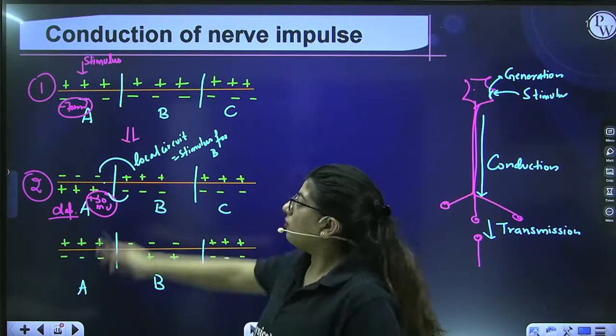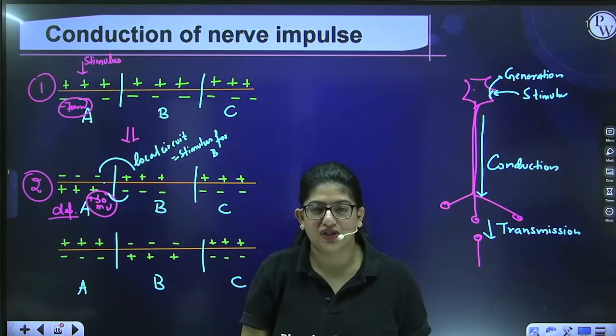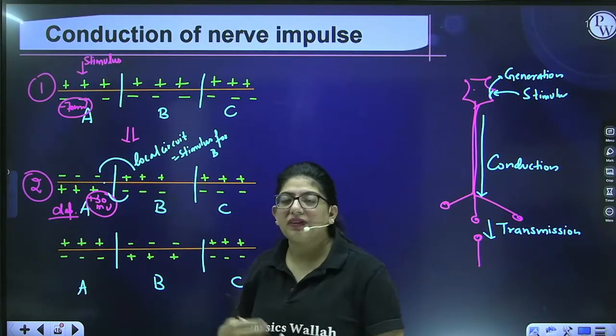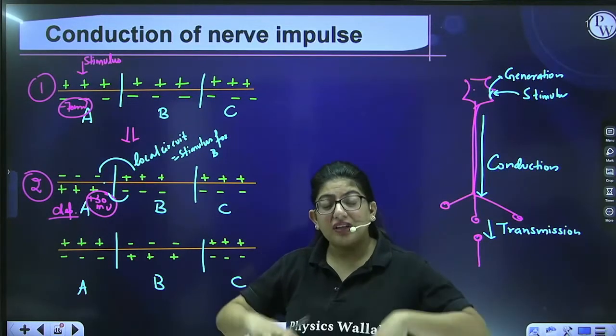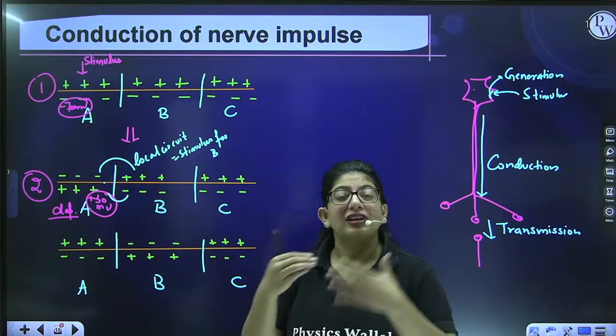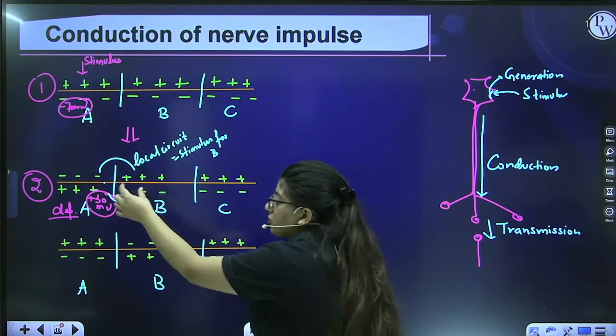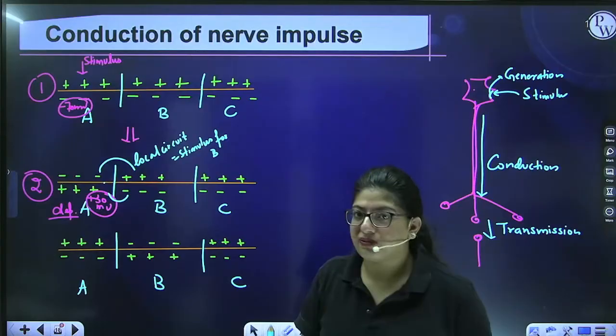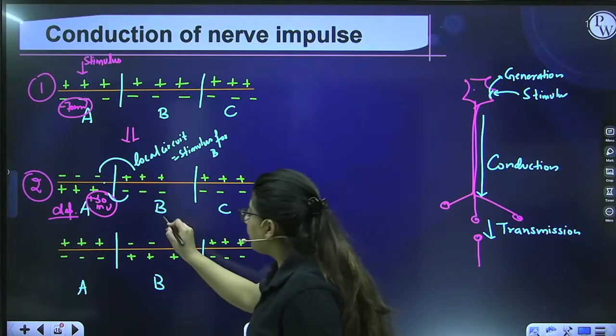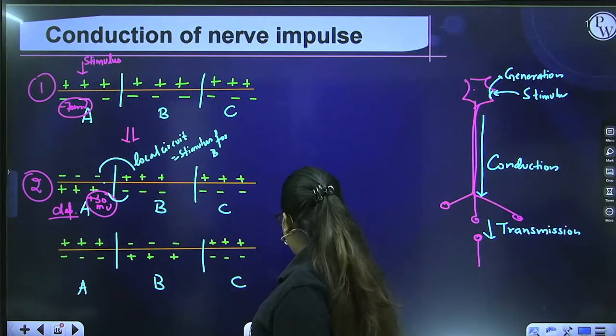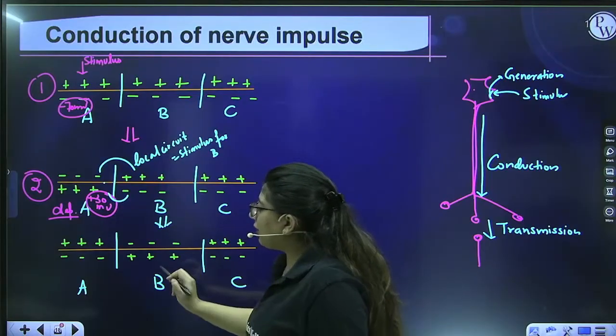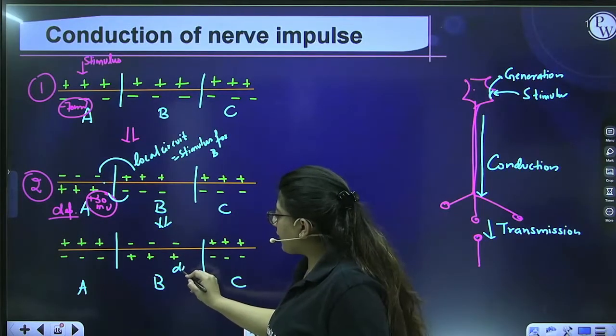The first one was a different stimulus, like your friend touched you. How will the second segment take up the stimulus? It will generate its own stimulus. What's the stimulus? The charge difference, the circuit that has been formed here. As a result, the B segment will now undergo depolarization.